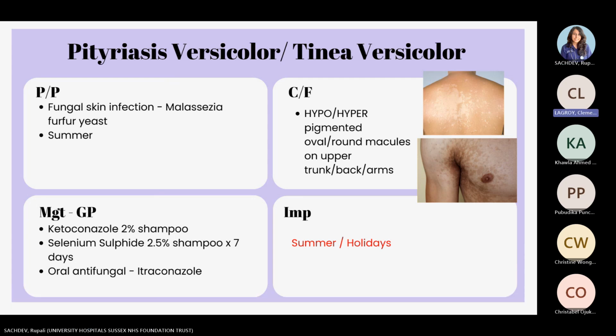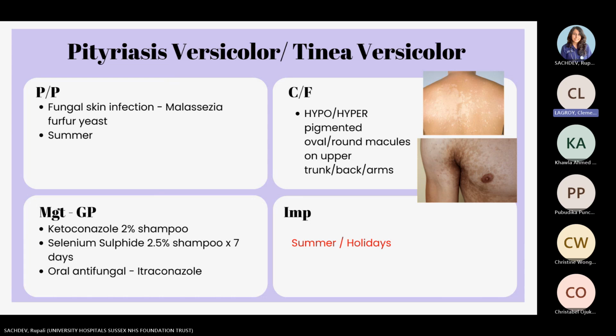Okay, awesome. So next is pityriasis versicolor or tinea versicolor or tinea corporis as well, which will tell you the location of it. So the pathophysiology is fungal infection, which is caused by Malassezia yeast.